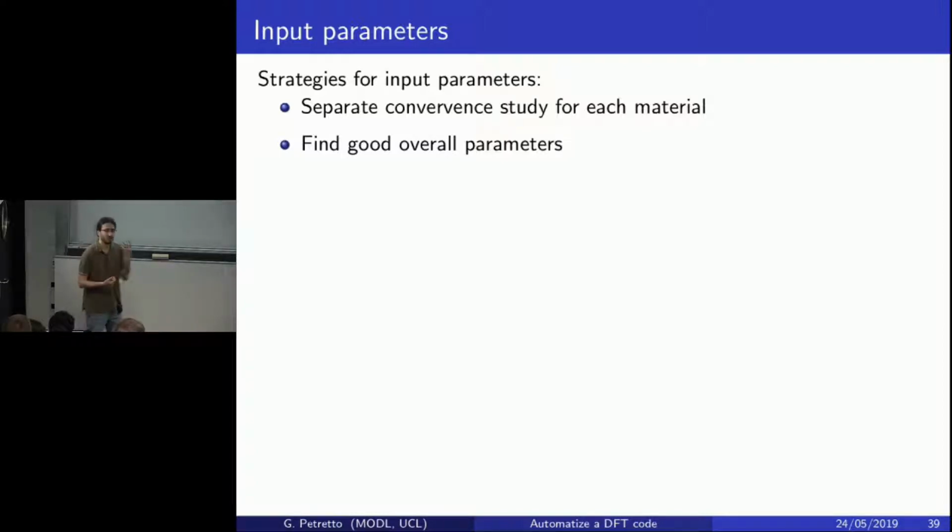So basically, you have two potential approaches. One is you make a separate convergence study for each of the materials. This could be automated, but requires a lot of calculations in itself. And the other option is to find good parameters that you hope will be fine for at least most of your calculations.